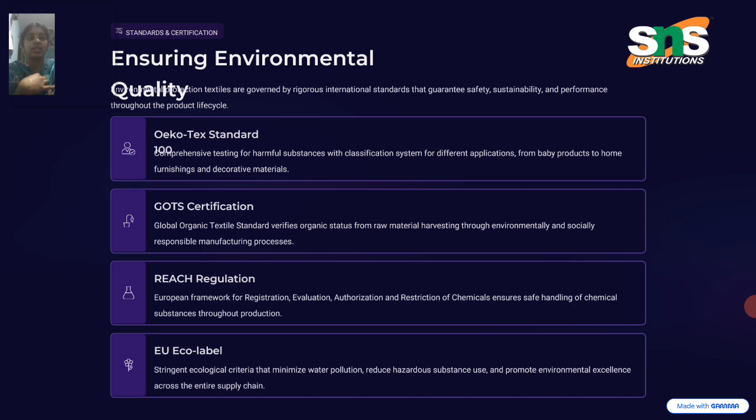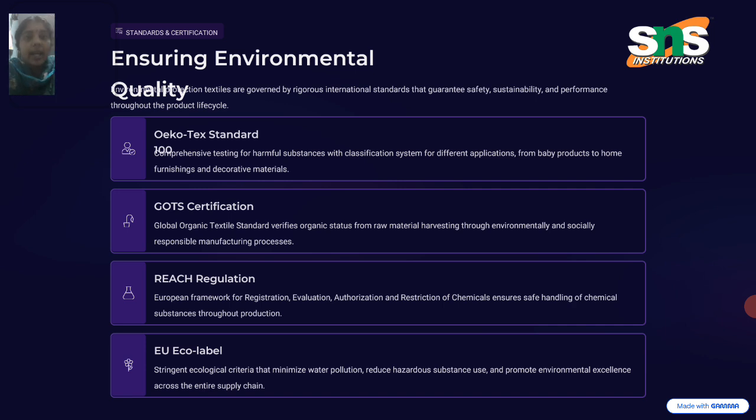Next is GOTS certification. GOTS is the Global Organic Textile Standard. GOTS verifies the organic status from raw material harvesting through environmentally and socially responsible manufacturing processes. Next is REACH regulations, the European framework for registration, evaluation, authorization and restriction of chemicals, which ensures the safe handling of chemical substances throughout production.